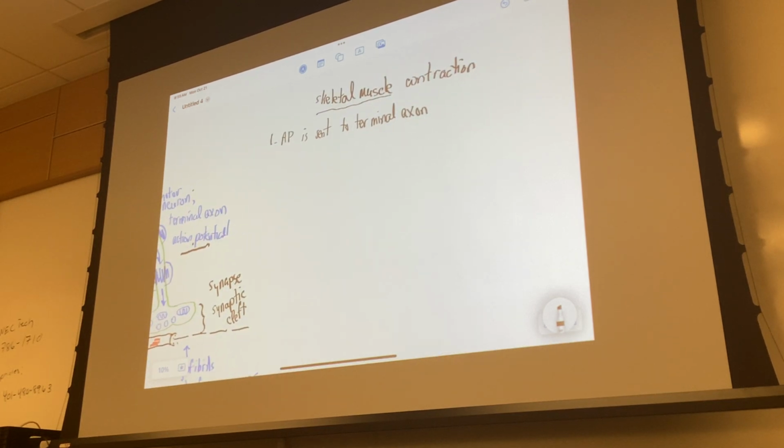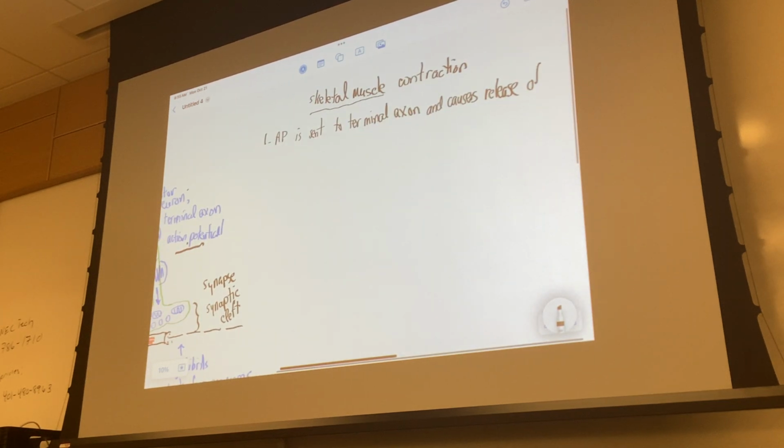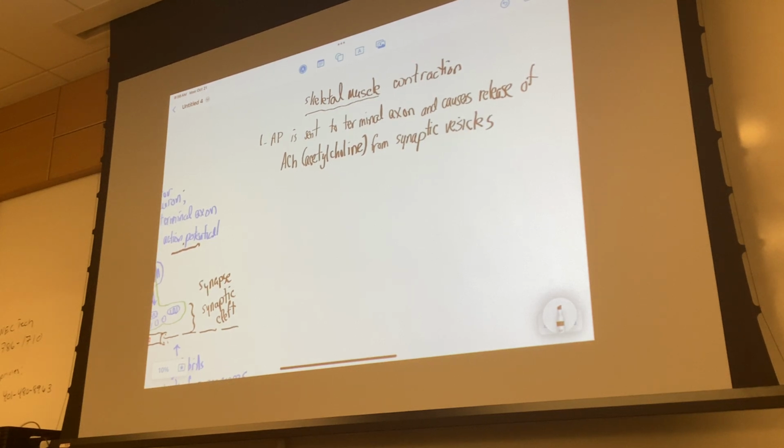So the action potential is sent down the terminal axon and causes the release of ACH.